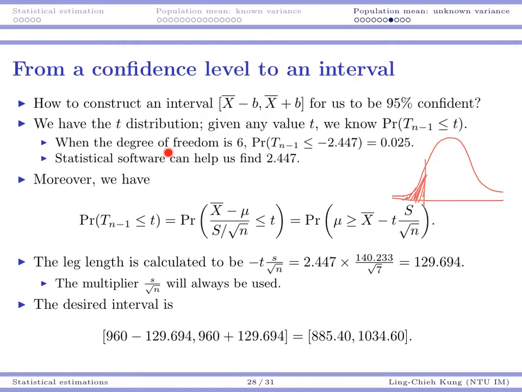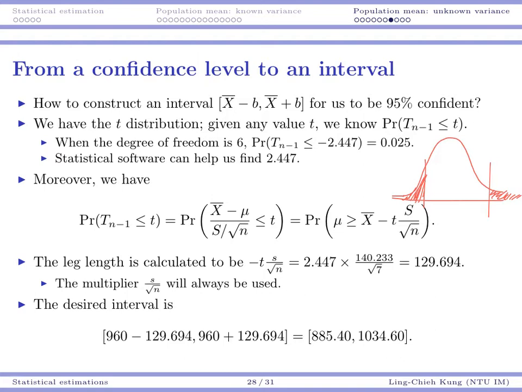When your degree of freedom is 6, you can find the t value to be negative 2.447, so that this left tail probability is 2.5%. Then obviously the corresponding right tail probability would also be 2.5%.